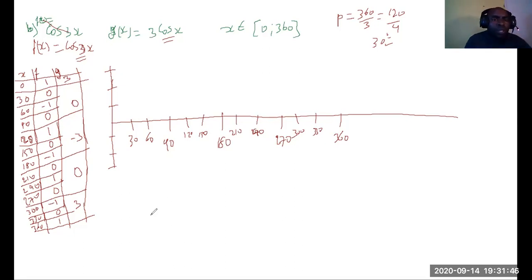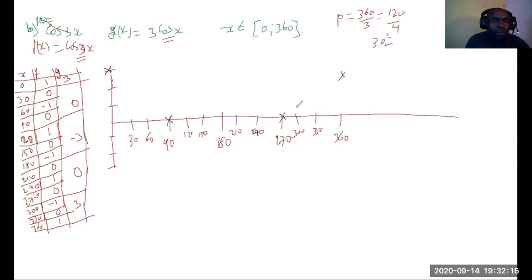So I've got the zeros at 90, and also at 270. I have got a maximum at 0, and also at 360, maximum.